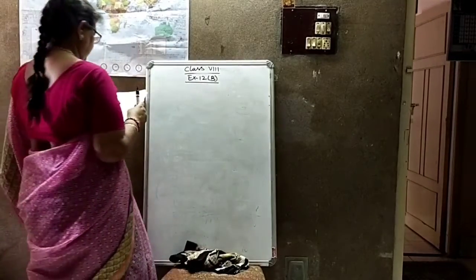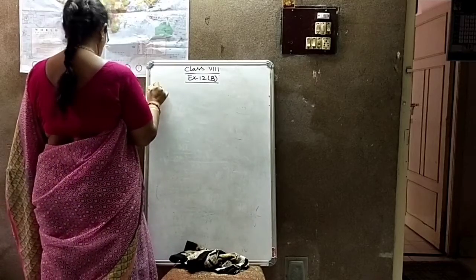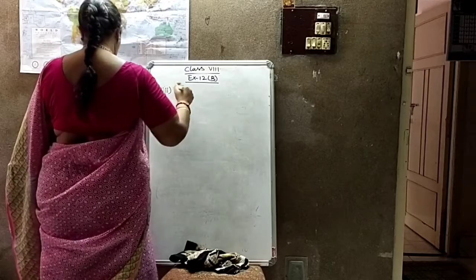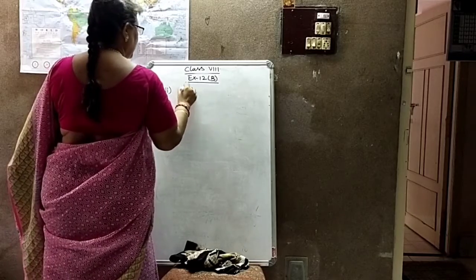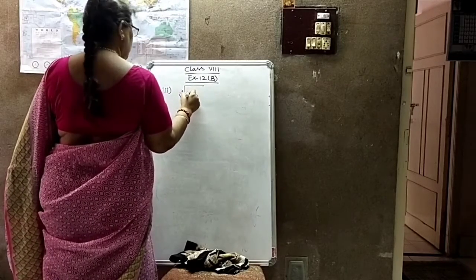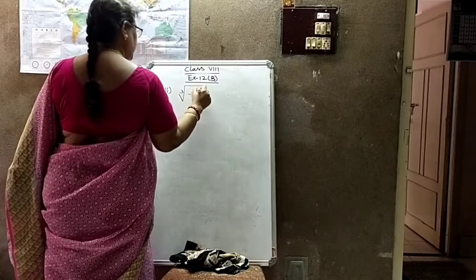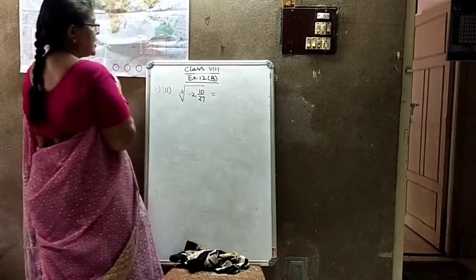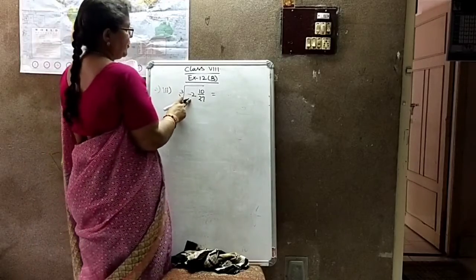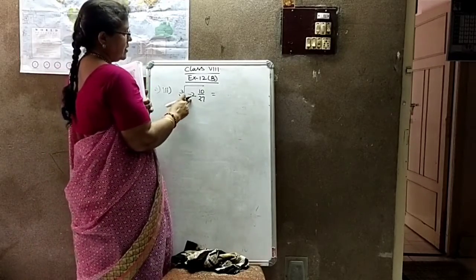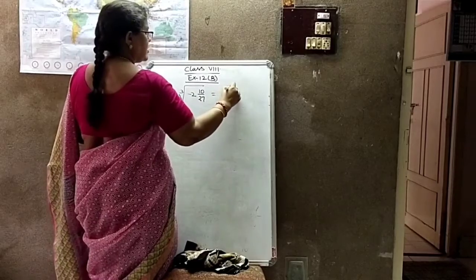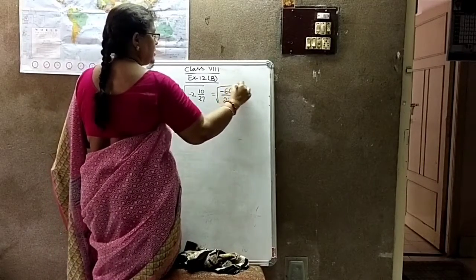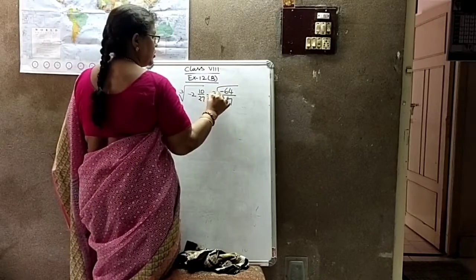Now coming to cube root of minus 2 10 by 27, 27 to 54 plus 10 64 by 27, minus again cube root.